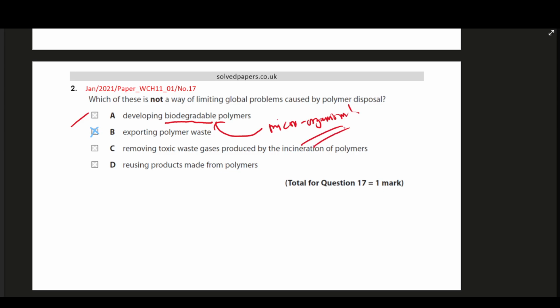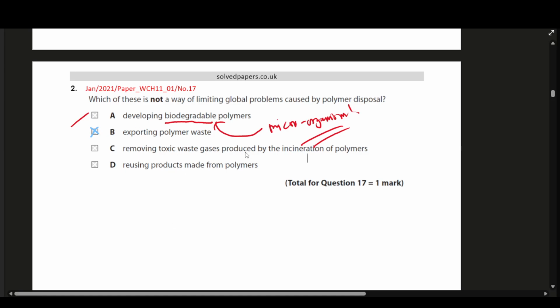So if they can be broken down by microorganisms, it is limiting the global problems caused by polymer disposal. Most polymers are non-biodegradable, but if you develop polymers which are biodegradable, then when they are disposed as waste, they can be decomposed by microorganisms. So that limits the global problem, so that is not the correct answer.